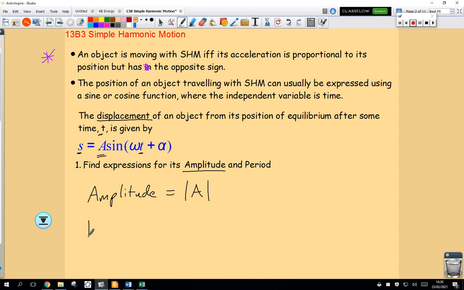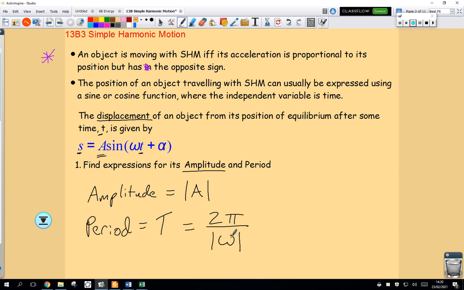The period, and for simple harmonic motion we're going to use the capital T for period. We said in our previous lesson that the period always is 2 pi divided by the absolute value of the coefficient within the argument, which here is omega.